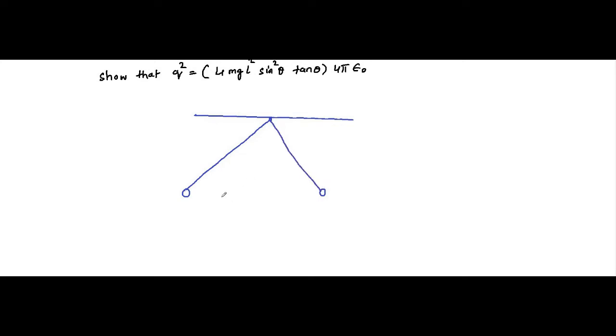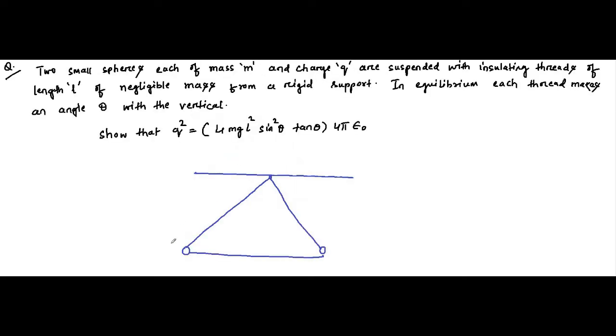Let's say the gap between them is this. Now the mass of each sphere is m and it has a charge q.